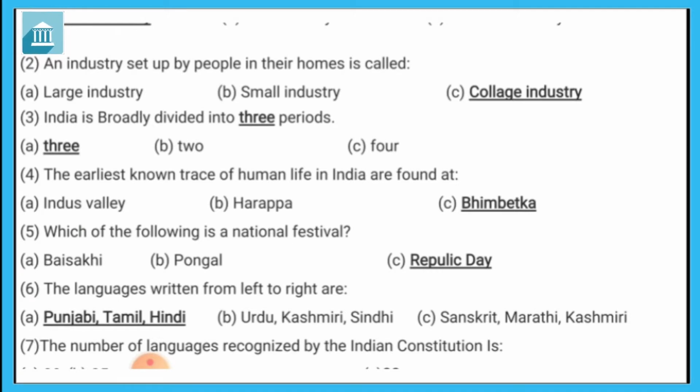It is an ancient period site and it is now a World Heritage Site. So in the ancient period, at a place named Bhimbetka, there is a trace of human life found in India.